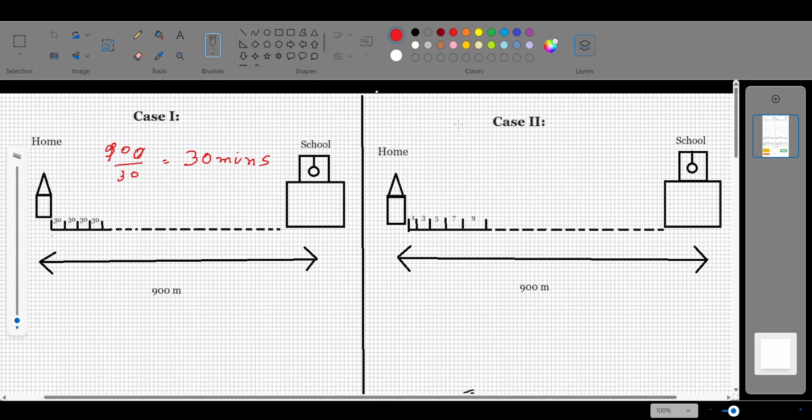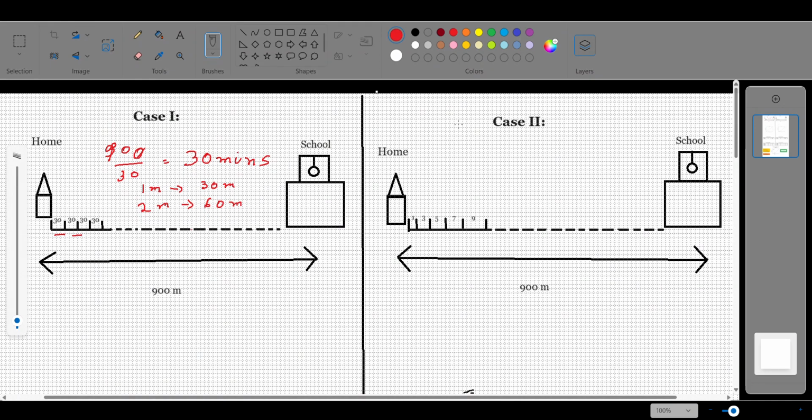Now, if he walks 30 meters in the first minute, 30 meters again in the second minute, it also tells us one more thing. It's telling us that there is a relation between the distance covered by the student and the time taken. So in the first minute, he covers 30 meters. In the second minute, or after 2 minutes, he completes 60 meters, right?